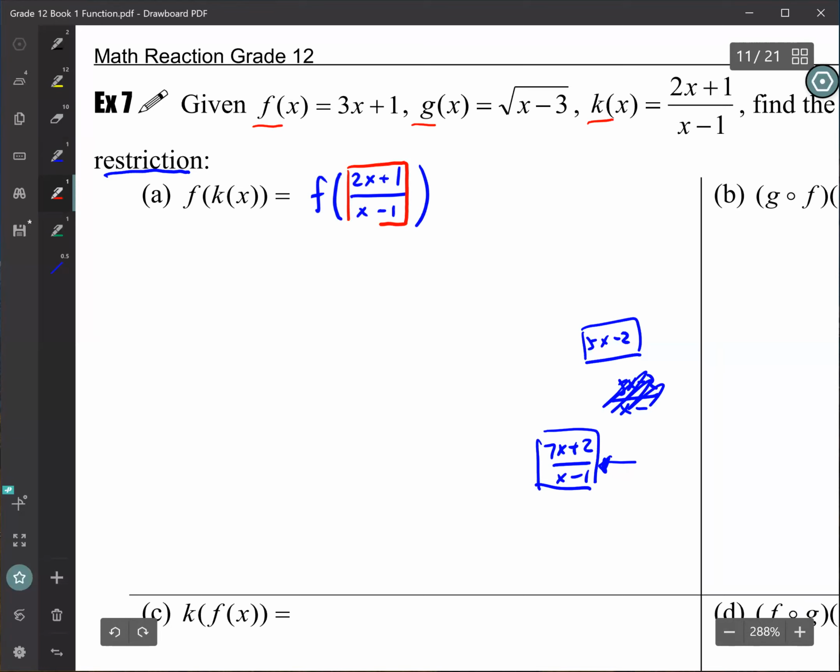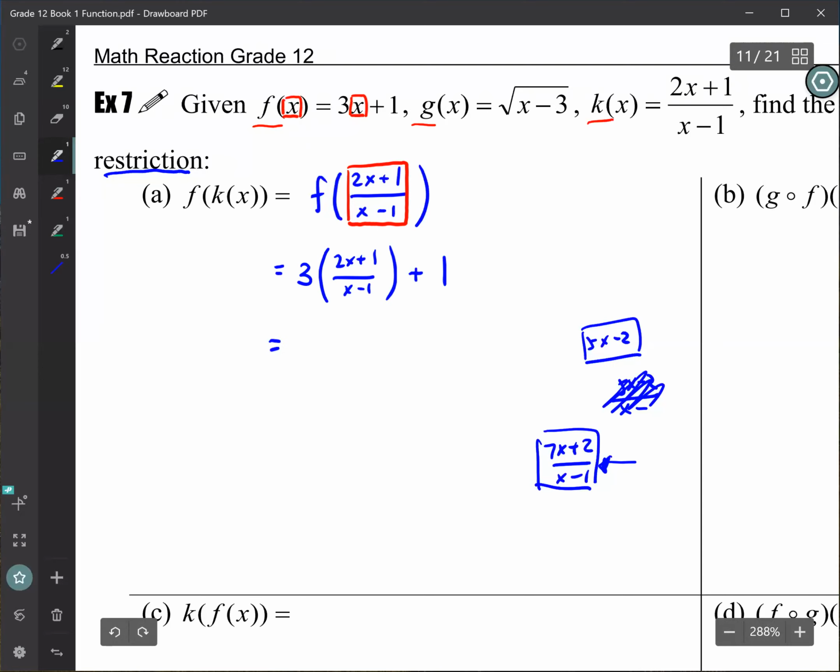See, I boxed it in red, so that will be the box here. Whatever you see inside the bracket will replace the box. So everybody got this part right, except the simplifying. It'll be 3 times 2x plus 1 over x minus 1.